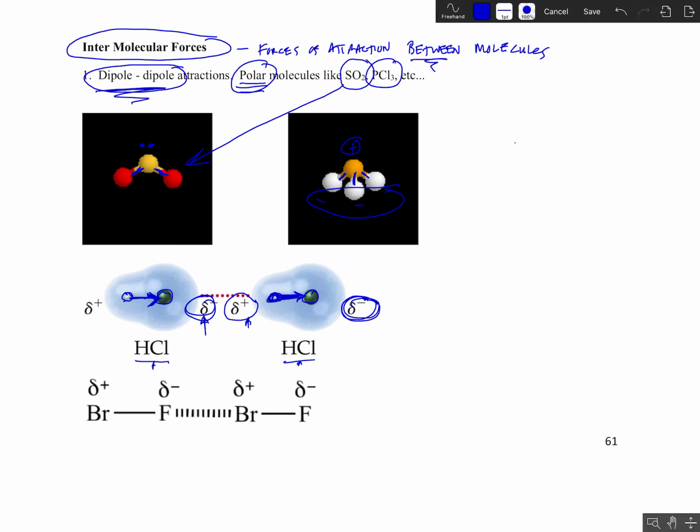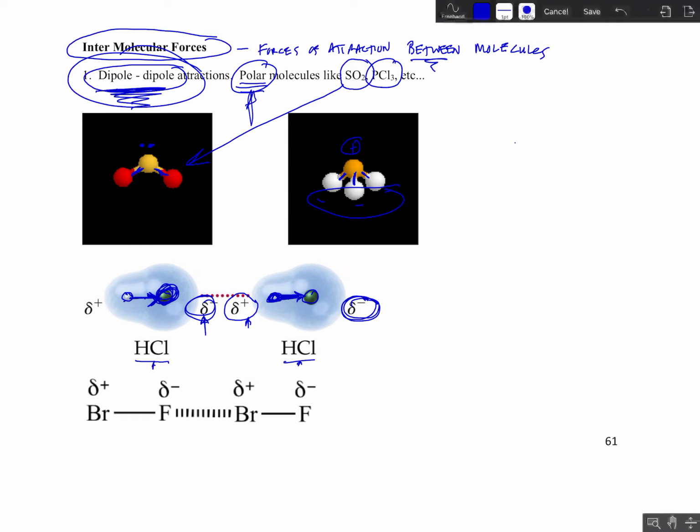So if you threw these into a box, wouldn't the positive end of one hydrogen chloride be attracted to the negative end of another, and they would start clumping or sticking together? This is called a dipole-to-dipole interaction. It occurs between molecules that are polar.